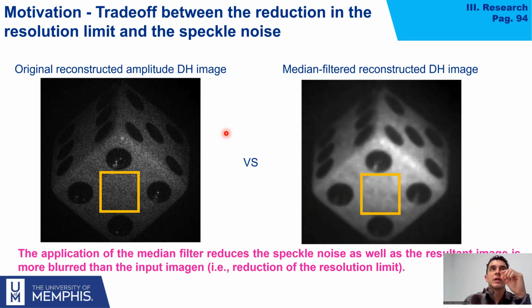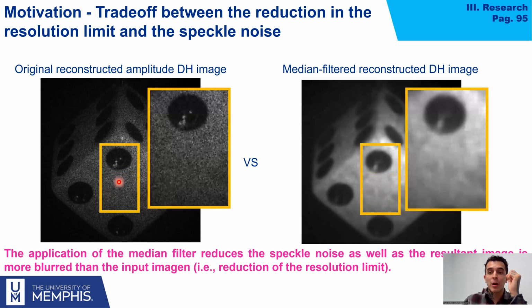For instance, this is the original reconstructed amplitude image of a die. And this is the image after applying the median filter, right? If we look inside this yellow rectangle, we can notice that the speckle noise has been reduced, of course. Look at this region against this region.